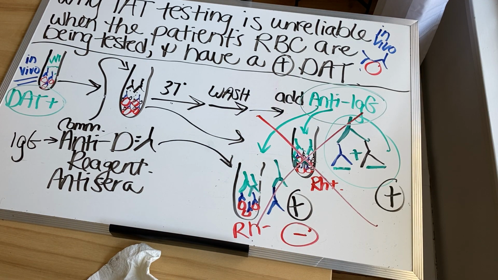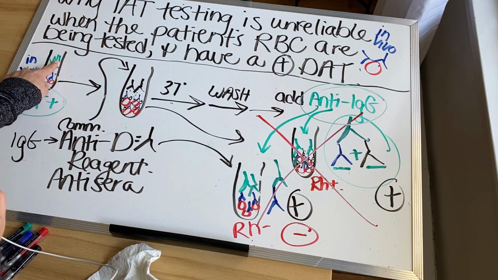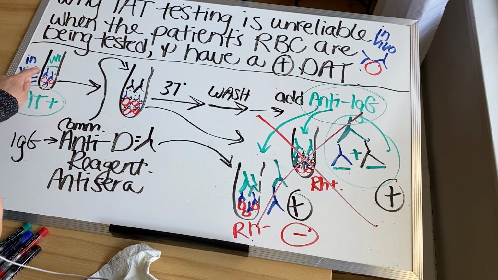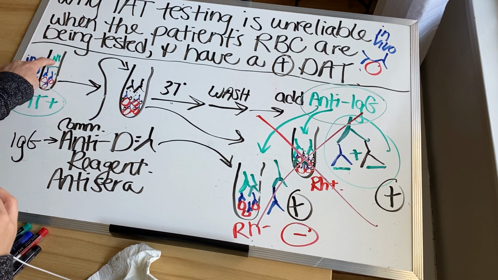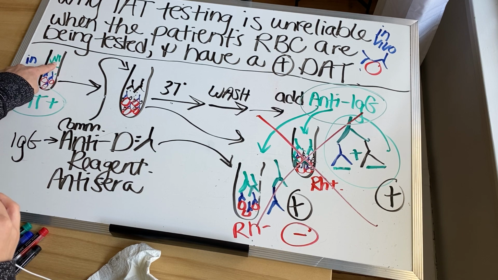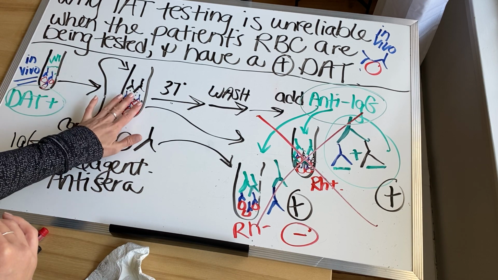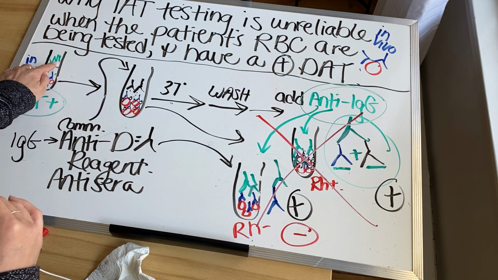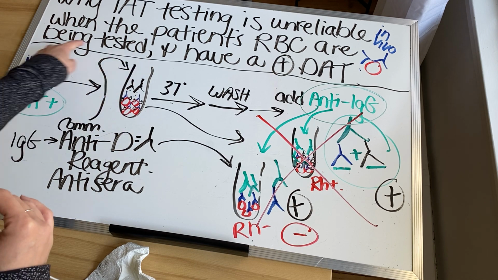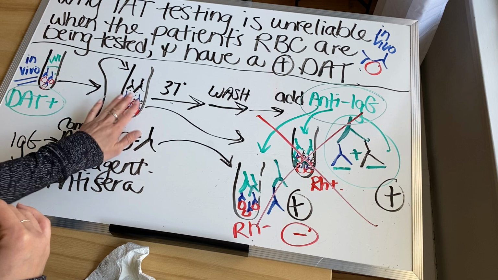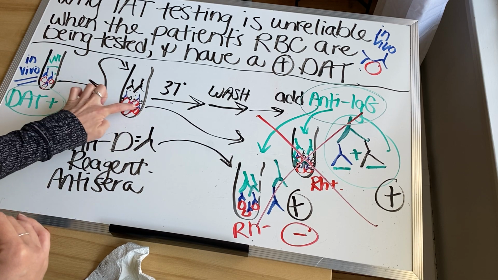Now, if we do IAT testing using the plasma from this same person who has the positive DAT, and we use reagent red cells, those reagent red cells are not coated with anything. We can add the plasma to the tube with reagent red cells that have no previously coated antibody.